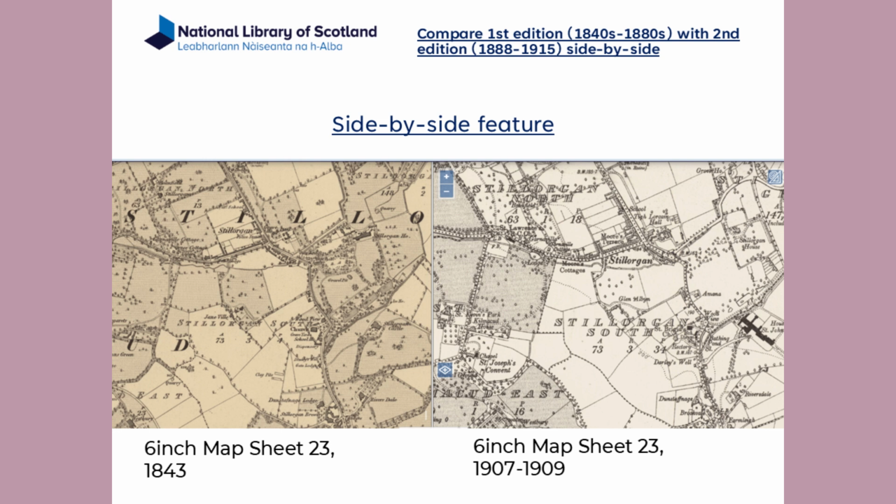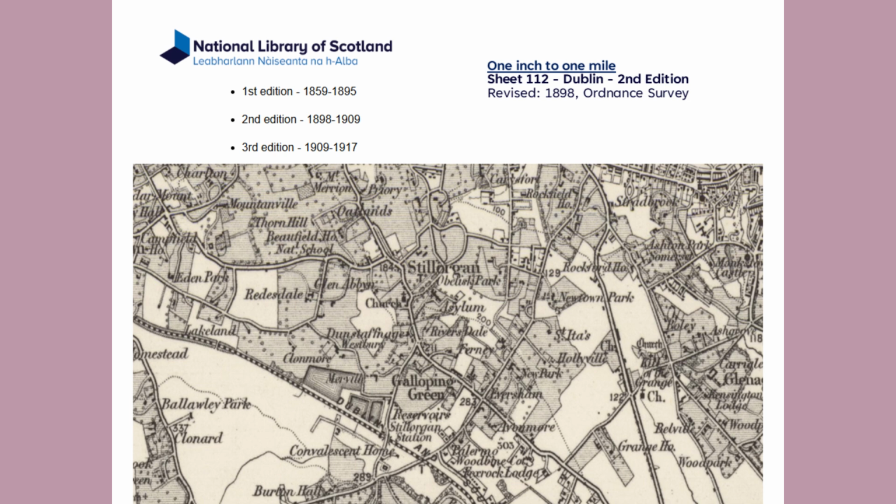It's very nifty. And another collection that the National Library of Scotland has on their website are the 1 inch to 1 mile mapping for the whole country, which is kind of a handy scale just to give an overview of a larger area.